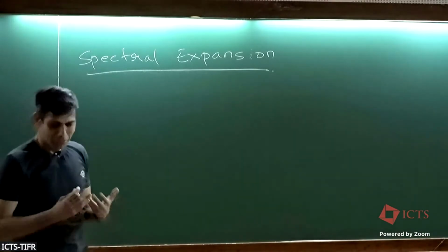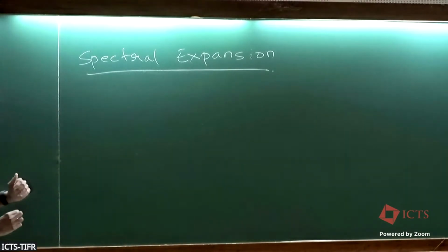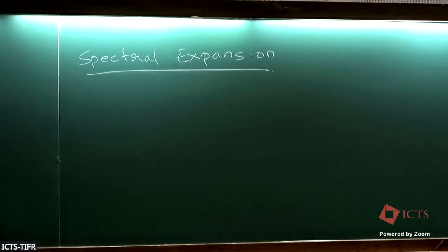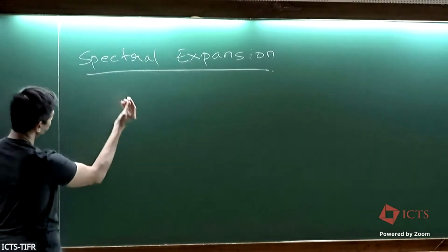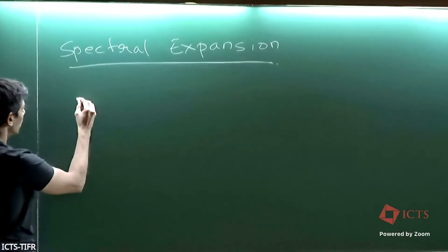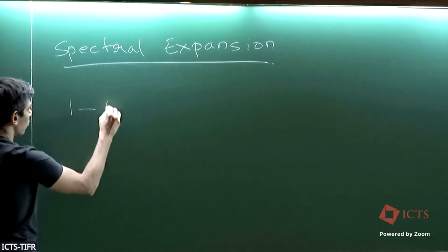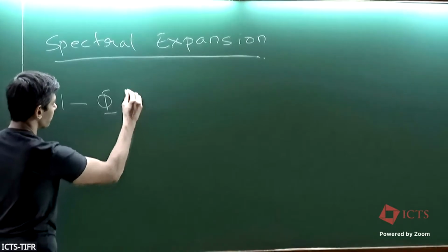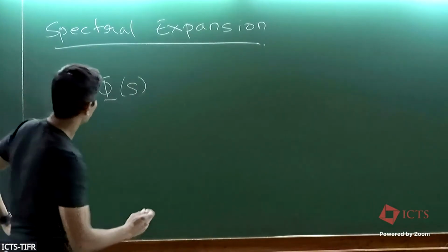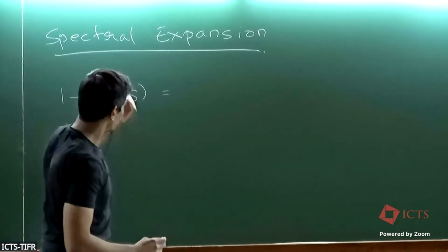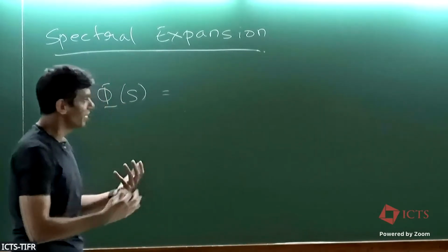So let's make our way through this combinatorial definition in a slightly different way. Let's think of 1 minus the expansion. And let's write down what we have in a slightly linear algebraic way, and then we manipulate it a bit.